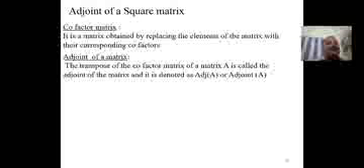So the transpose of the cofactor matrix of a matrix A is called the adjoint of matrix A, and it is denoted by adj A or adjoint of A. Hence, adjoint of A is the cofactor matrix transpose.